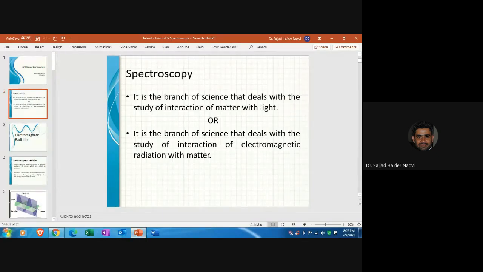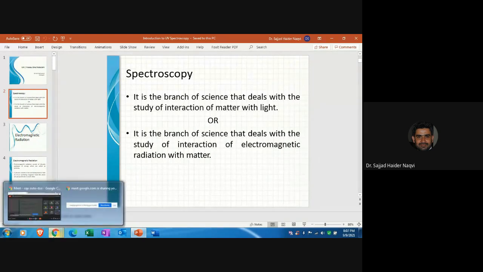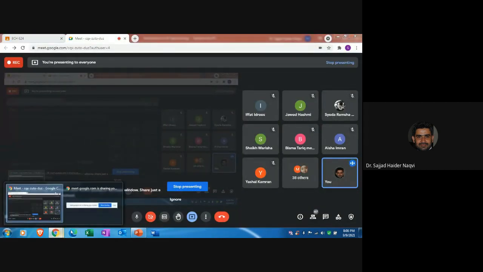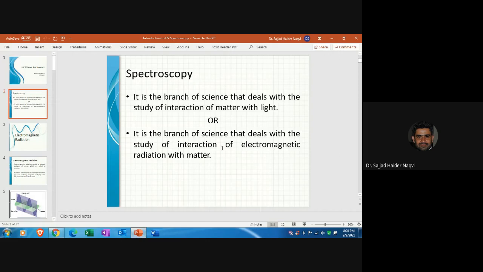You can also define that it is a branch of science that deals with the study of interaction of electromagnetic radiations with matter. Why are we saying electromagnetic? Because when we talk about light, there are different regions of the light depending upon the wavelength. So it's either interaction of light with the matter or interaction of electromagnetic radiations with the matter. So let's start with the first thing.